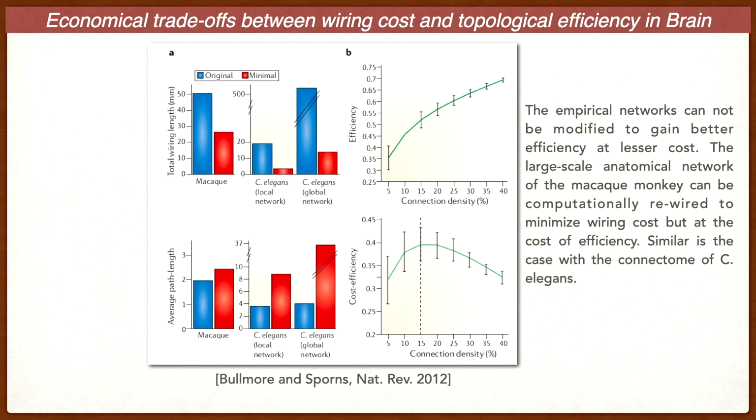Now, one more insight that network theory has about the brain is that the brain has an economical trade-off between the wiring cost and the efficiency, because the brain is a spatial network, so it comes with a cost. There is the manufacturing cost associated with the cells, as well as the functioning cost, as each cell requires some energy to work.